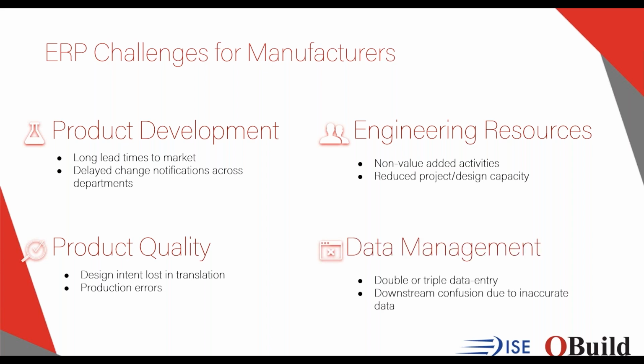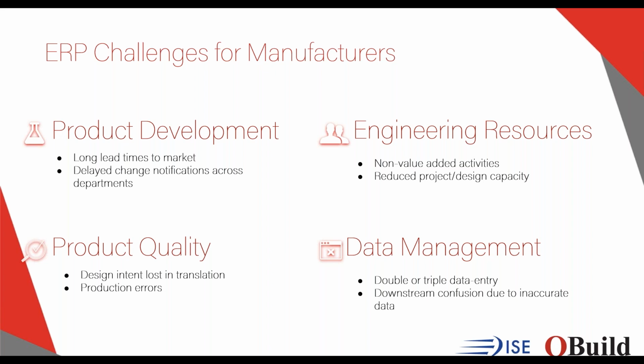And lastly is data management. This is something that sometimes IT really complains about, and engineering as well. When you have an inefficient data entry process or BOM and item entry process, it can cause a lot of issues with data management, because essentially you're upkeeping two systems: your engineering system, which is your CAD, PDM, or PLM, so Inventor or Vault, and then you also have to upkeep your Infor XA.